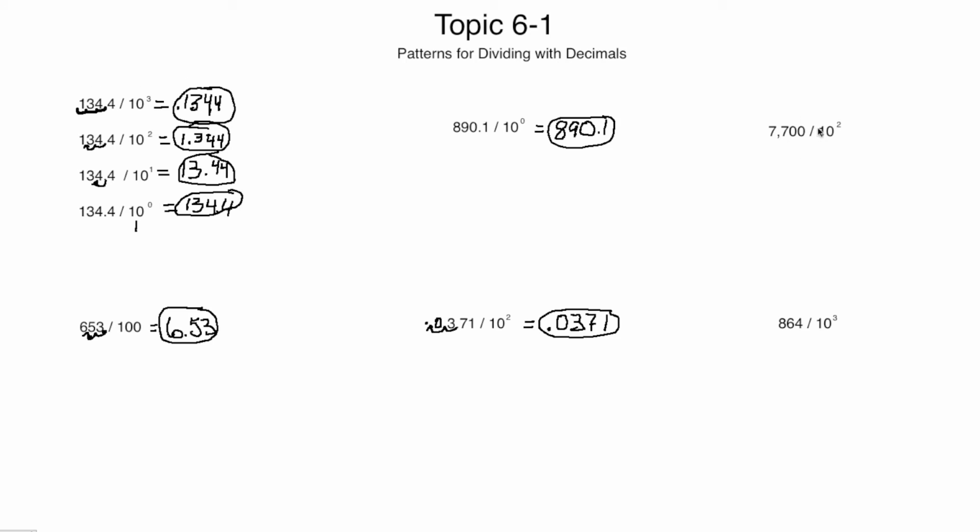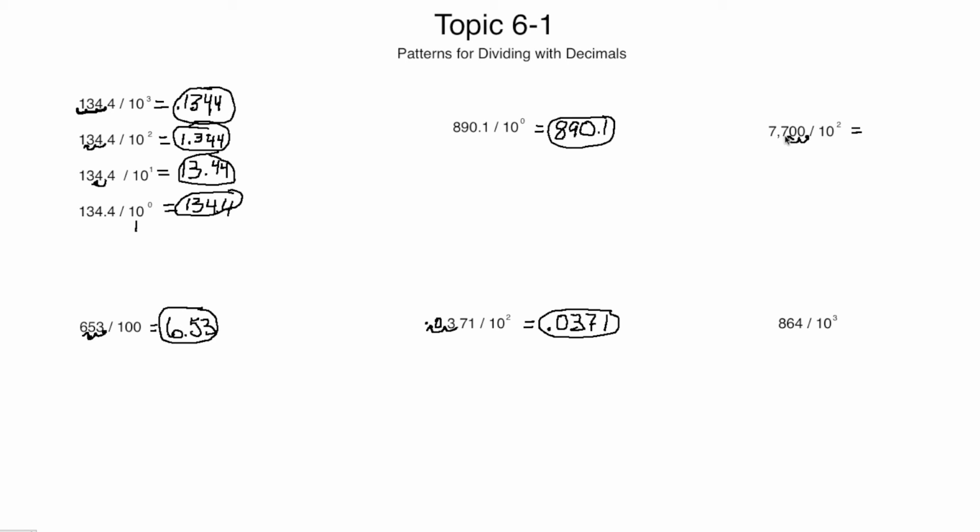Okay, so we got a whole number divided by 100 or 10 to the 2nd power. Go ahead and stop and solve this one. All right, it means 2 butt cheeks. Where's the decimal? On a whole number, it's always to the right of the ones place. You don't see it, but it's there. So now we move 2 butt cheeks to the left. I keep getting my lefts and rights mixed up, sorry.